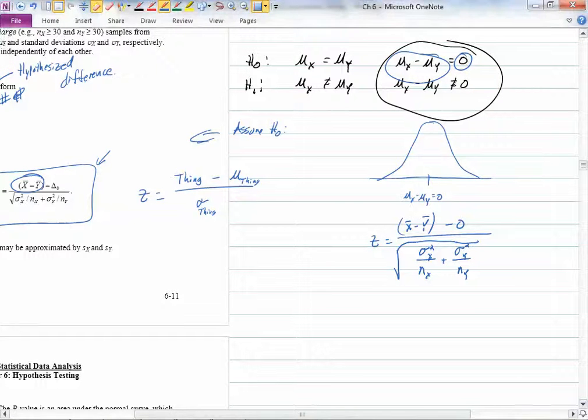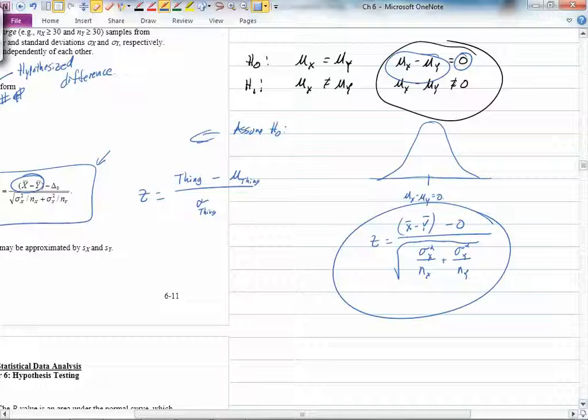This guy right here is sigma of x bar. This is sigma of y bar. And we express them in terms of the standard deviations of the individual measurements that we can get at. And then all the rest of this, once you have a z, the other steps are the same. Either you go from z to get a p-value and compare p to alpha, or you use alpha to get a z star and compare z to z star.